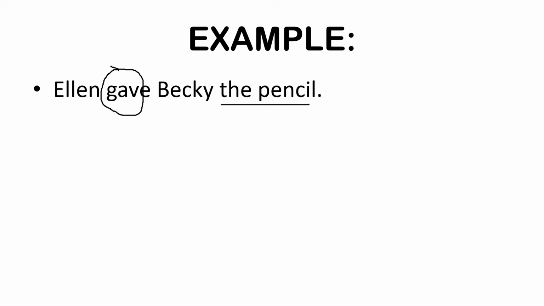Bakit pencil? Kasi the question is, what did she give? Anong binigay ni Ellen? Then the indirect object is Becky, because it answers the question, to whom did she give it? Of course, it's to Becky.